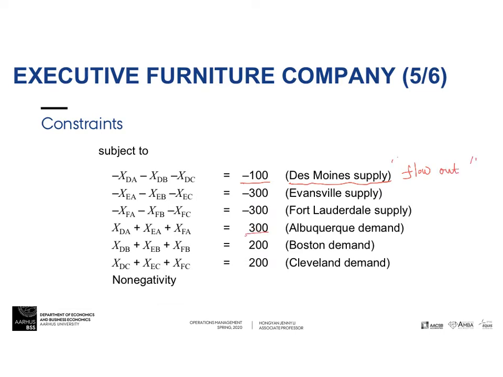Here in the fourth constraint, you see this is a demand-related constraint. So this also is a flow-in type constraint, so the value is positive. At the same time, you can see the coefficient for the supply from one factory to one warehouse is also a negative value.